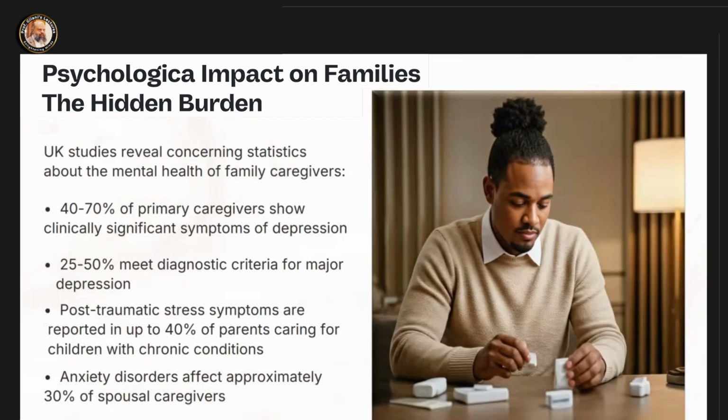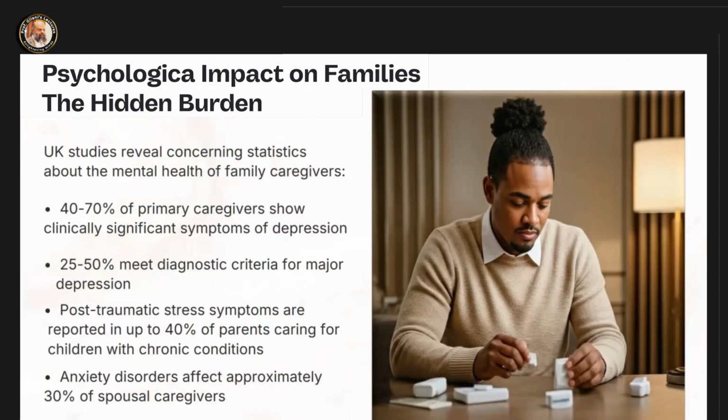UK studies reveal concerning statistics about the mental health of family caregivers. 40 to 70% of primary caregivers show clinically significant symptoms of depression. 25 to 50% meet diagnostic criteria for major depression, and post-traumatic stress symptoms are reported in up to 40% of parents caring for children with chronic conditions.